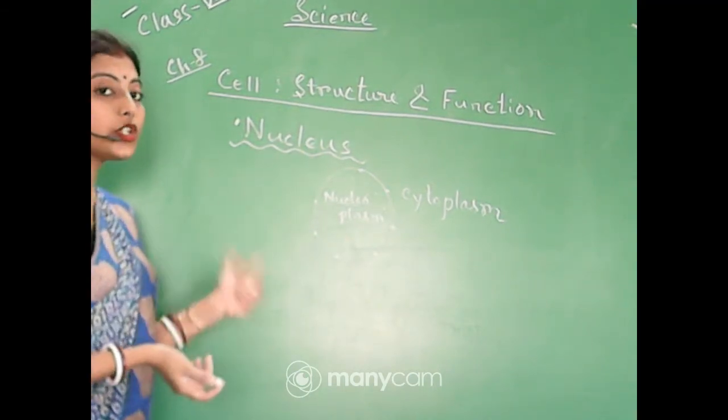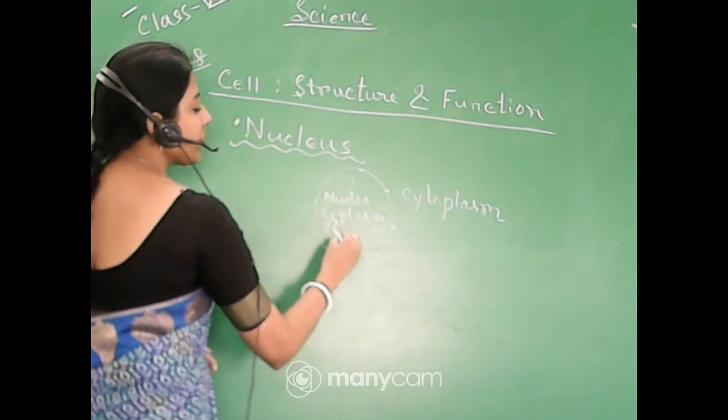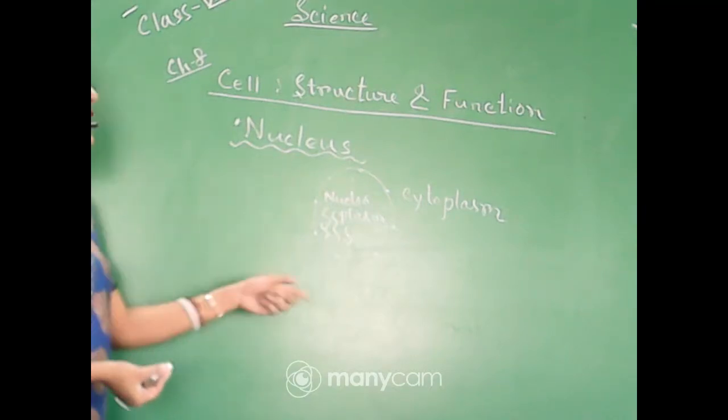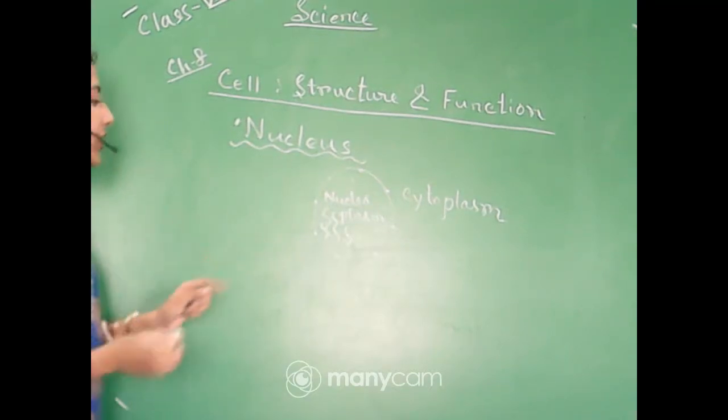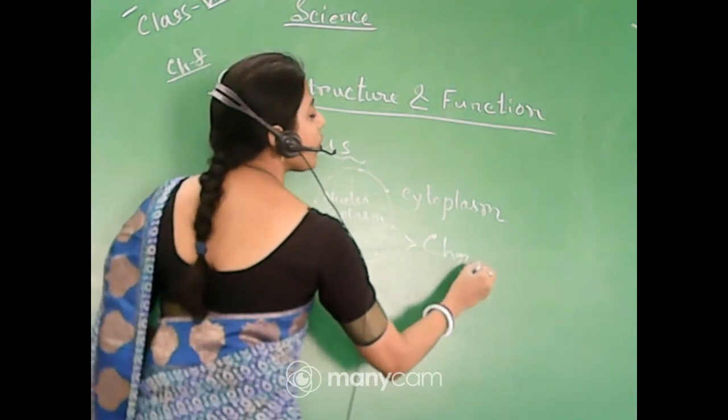Other than the nucleoplasm, there are some fiber or thread-like structures present within the nucleus, and these thread-like structures are known as the chromosomes.